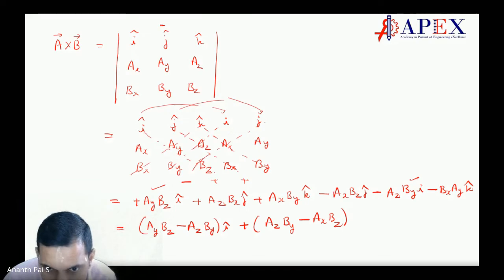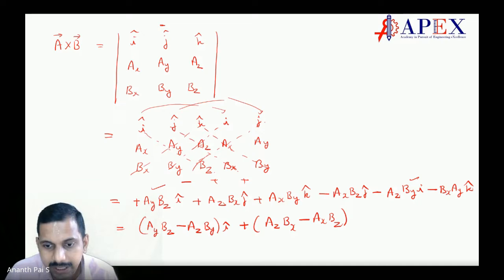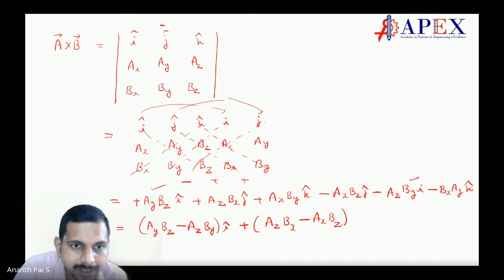This is AX BZ, this is AZ BX. Then when we come here, minus AX BZ, correct? So AZ BX minus AX BZ. See here, this minus is incorporated here, because AX BZ with the minus will go here, observe.